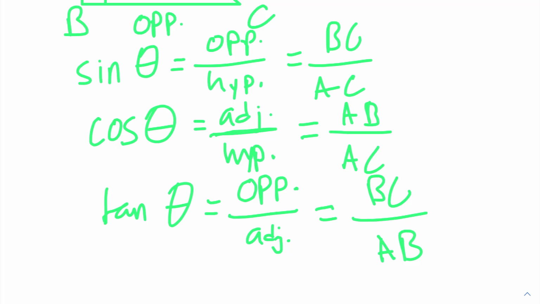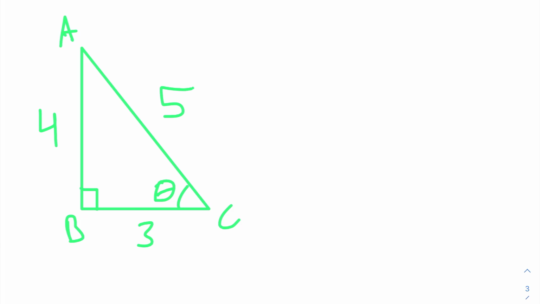Now let's do one more example. This time when we draw a triangle, we're also going to have side lengths. We're going to call this angle theta. Label the vertices A, B, C. This is going to have side lengths 3, 4, and 5. Now let's find sine, cosine, and tangent of theta.